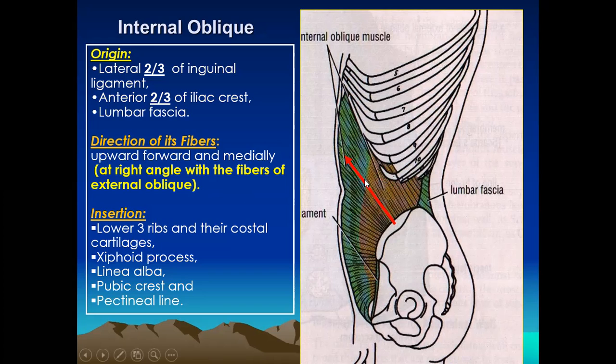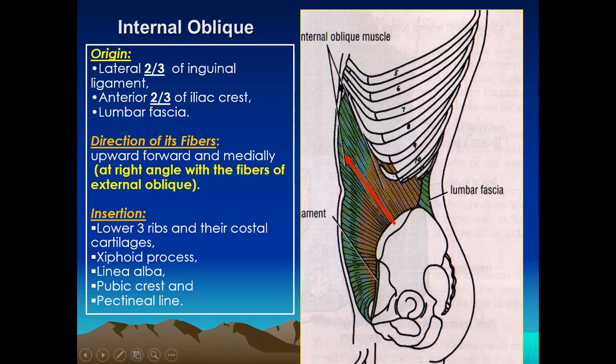Then the insertion will be into the lower three ribs. So the insertion of this muscle will be into the ribs. The origin of the external oblique was from the ribs, but the insertion of this internal oblique is to the lower three ribs and their costal cartilages. Then we have the xiphoid process, linea alba, pubic crest, and pubic tubercle.